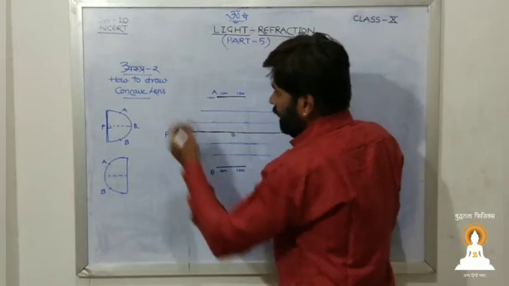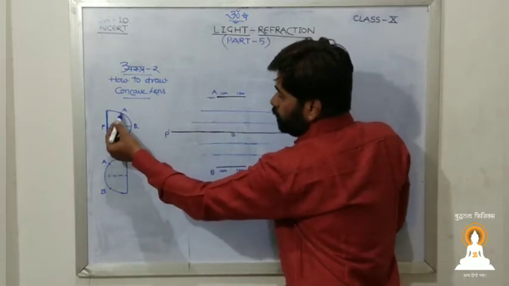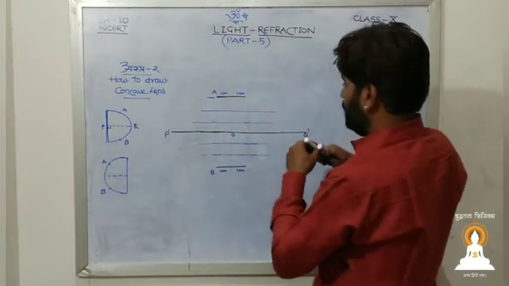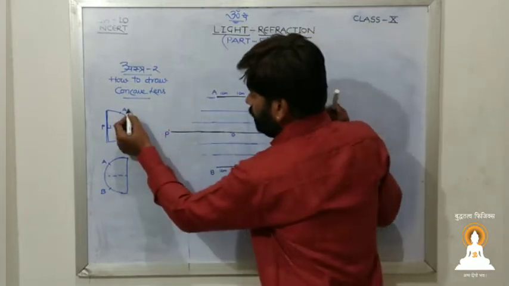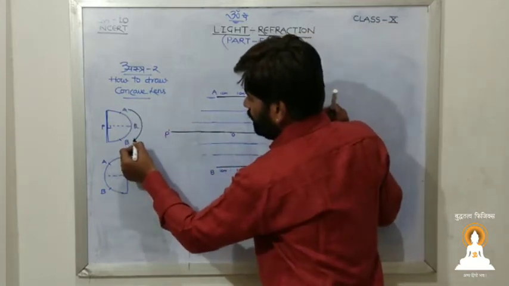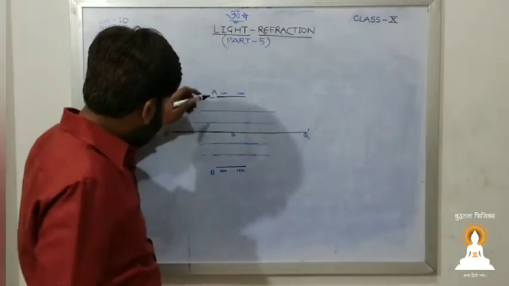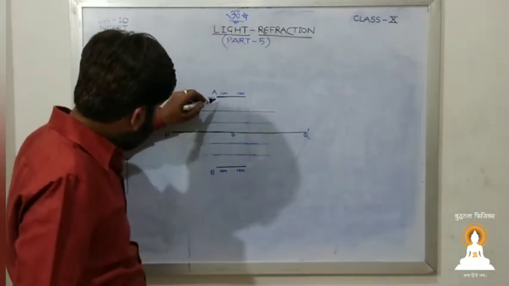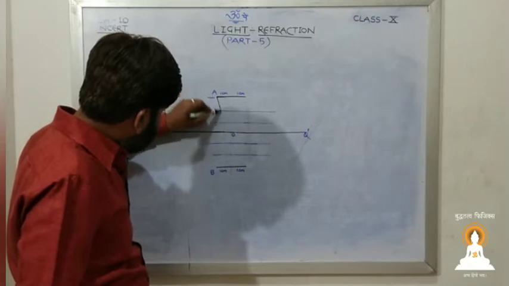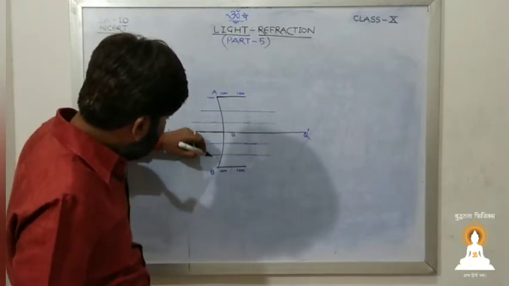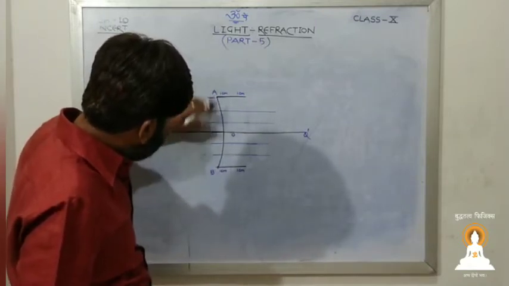Now move your pencil from A towards B. If you do so, you will get almost such a type of curve.